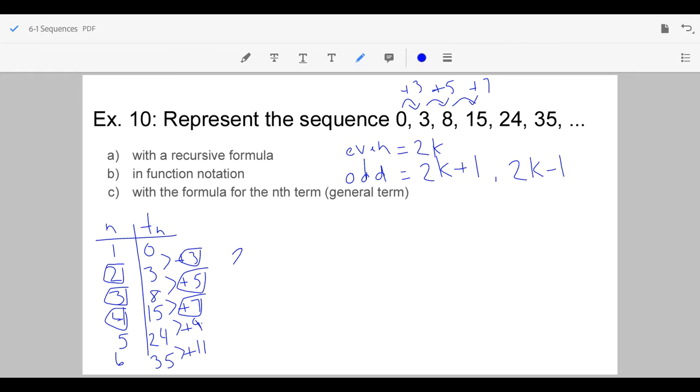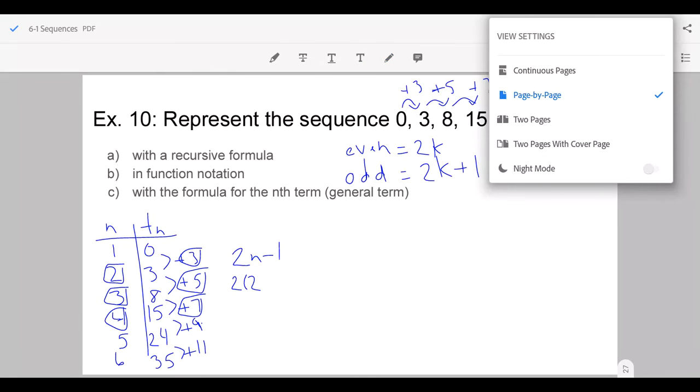So if we try 2 times n, or k I said before, but n in this case, plus 1, well, 2 times 2 for term 2 plus 1 would be 5. So that's an odd number that's too high. But if we add 2n minus 1, then that is correct. For term 2, 2 times 2 minus 1, so 4 minus 1, which is 3, we're adding 3.